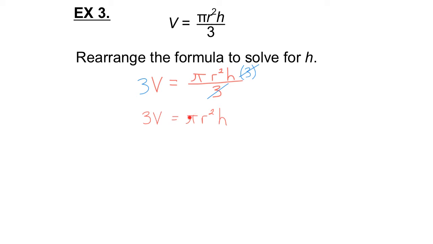So I can actually isolate h by dividing by pi r squared on both sides. Pi r squared on the top, pi r squared on the bottom, those cancel each other out. So I'm left with 3v divided by pi r squared equals h. So now I've rearranged my formula to solve for h.